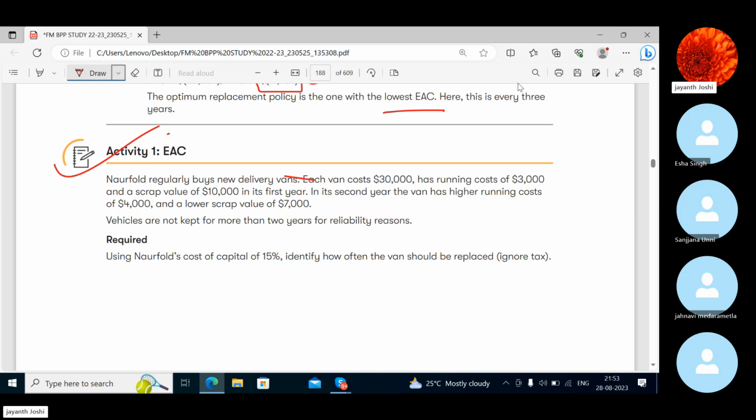See, this is very simple. Same kind of question which we did right now. I want you to do this, right? So in year two scrap values are given, sir.